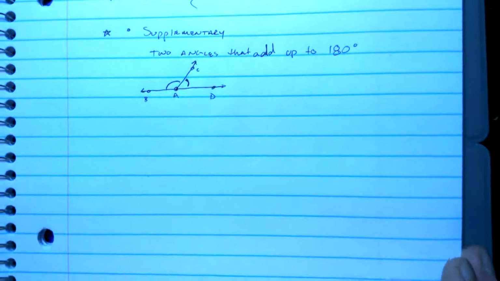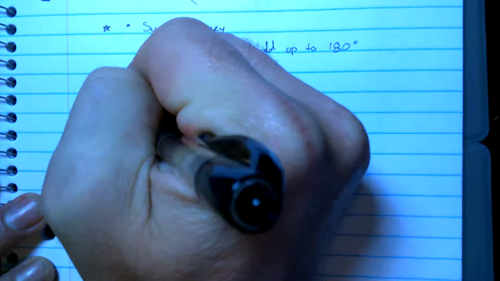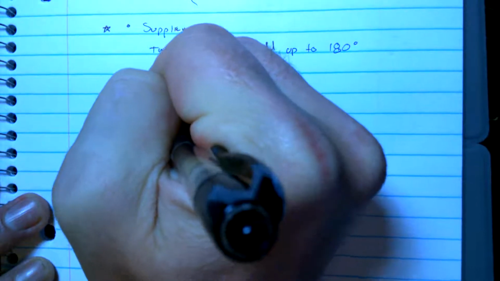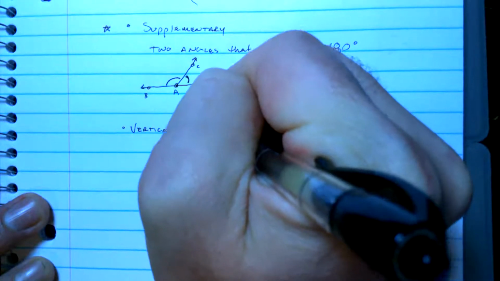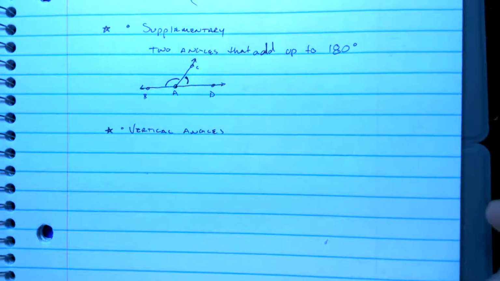Our last one kind of has some subcategories in it. So our last one here, and it's going to have a star as well. These are vertical angles. Okay, so these are going to give us some information as well, knowing that we have a vertical angle scenario.